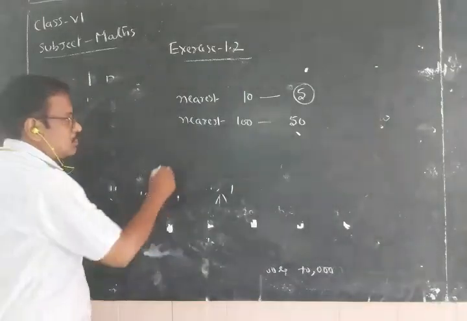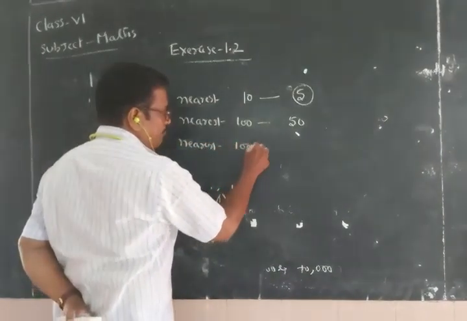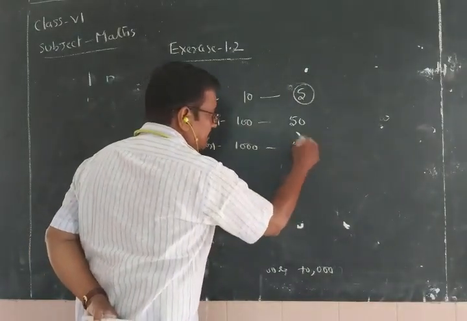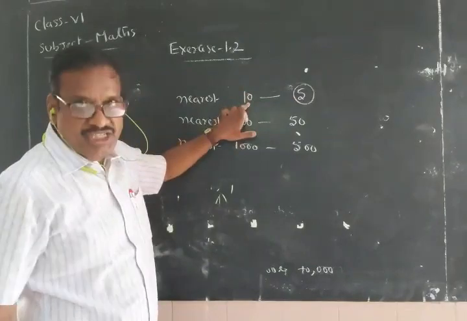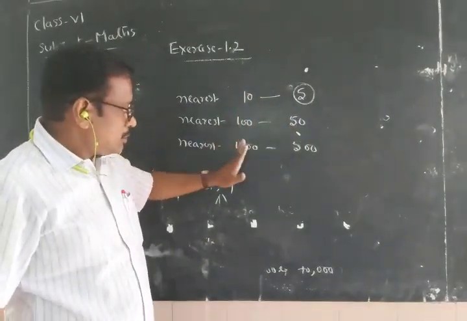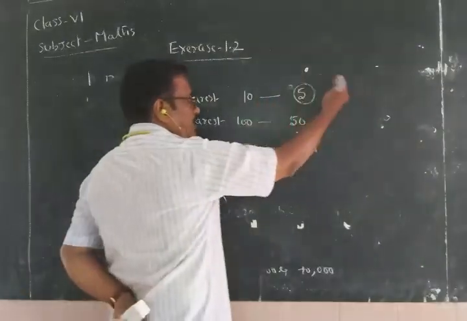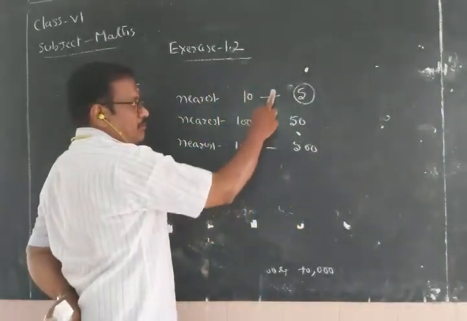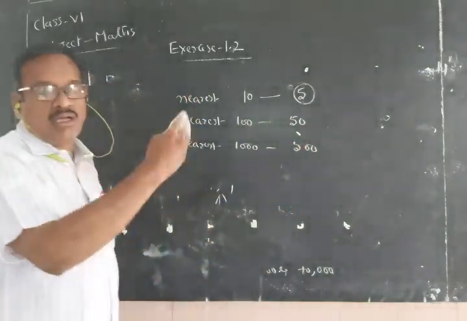The nearest 1,000, the middle number is 500. So 5 or more goes to the next 10. 50 or more goes to the next 100. 500 or more goes to the next 1,000.